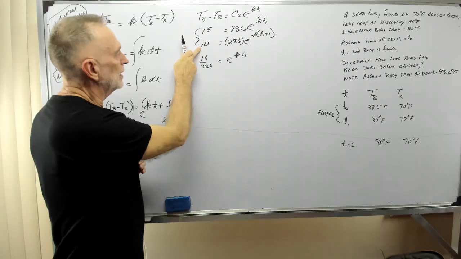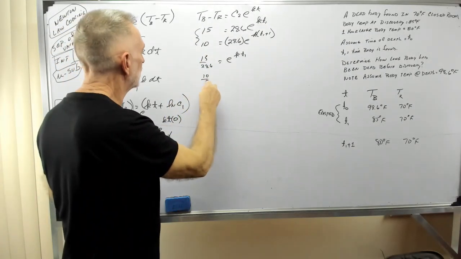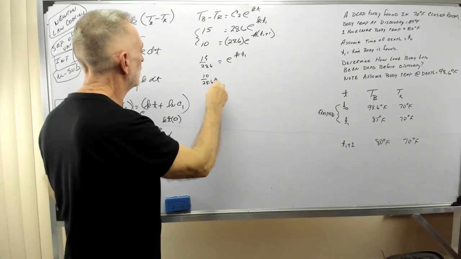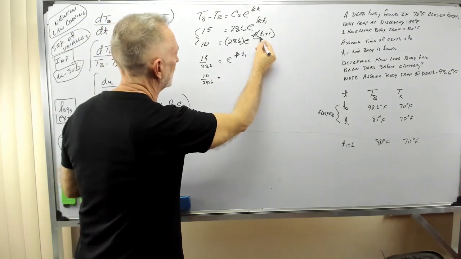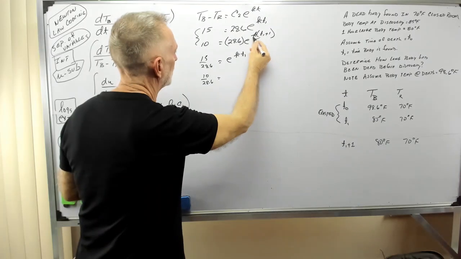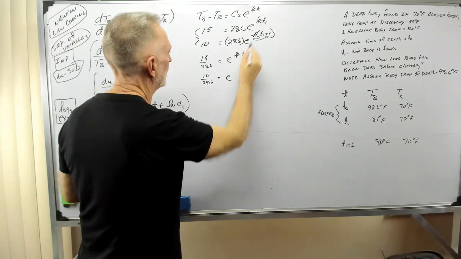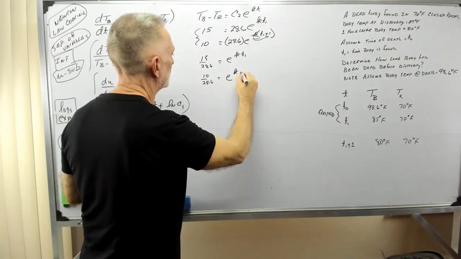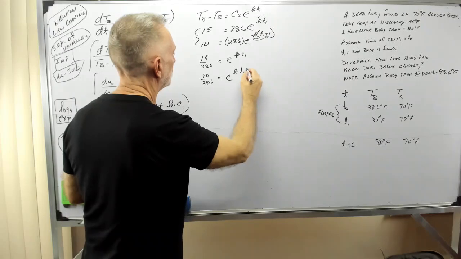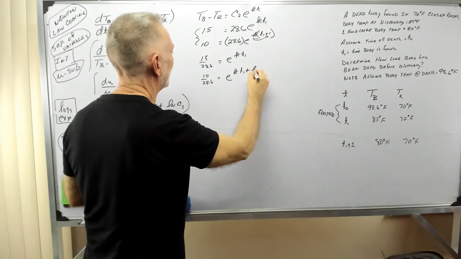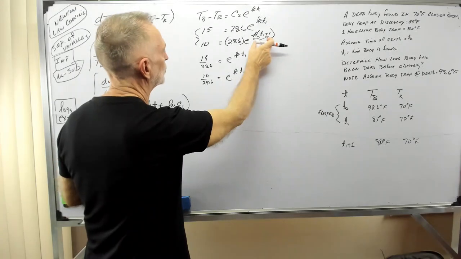Now I have 10 divided by 28.6, and that equals, I'm going to distribute this k. That's k times t1 and k times 1. So I have e to the kt1 plus k. Okay, all I've done is distribute that.